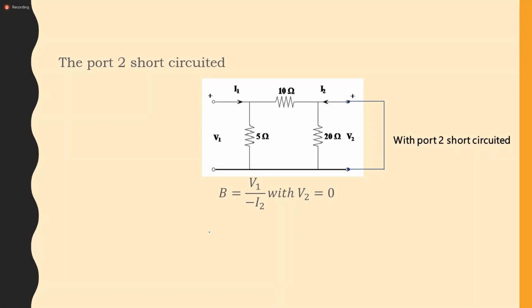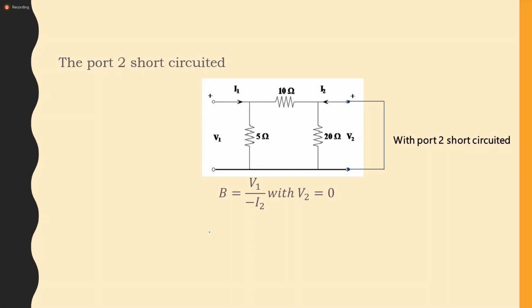This is two resistor circuit analysis. If port 2 is short circuited, how much current will go through the 20 ohm resistor? 0. Exactly. Nothing will flow through it. So which resistor would I2 be flowing through? 10 ohm.